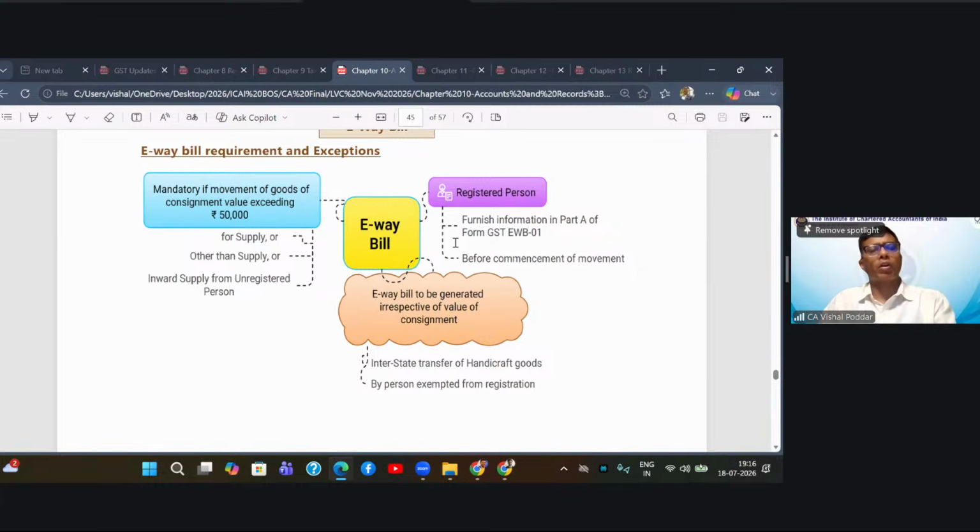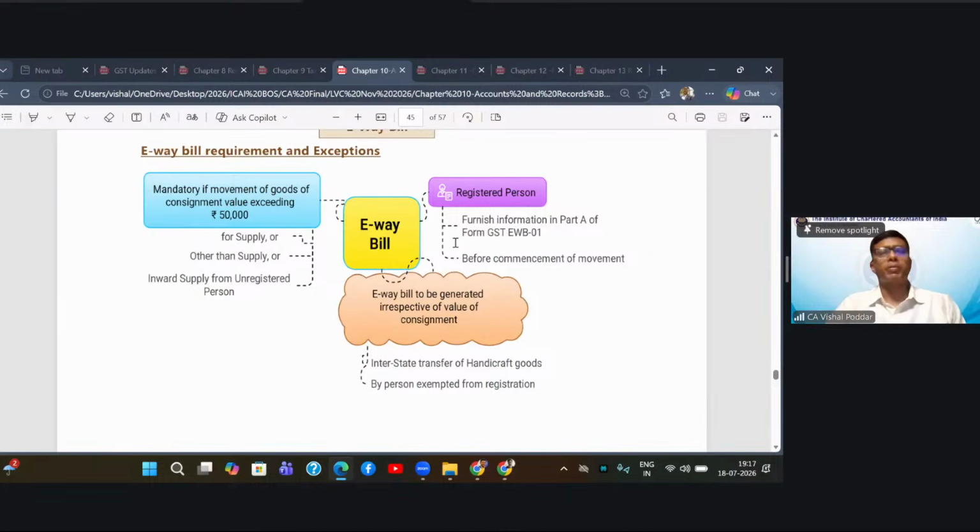Now, this particular document is required to be generated by you whenever you are sending goods. I'm not using the word supplying goods. I'm using the word sending goods because, as I said, this document is to record, to report the movement. It may or may not involve supply. So at times it may happen that you have sent goods to your own branch, which is under the same registration.